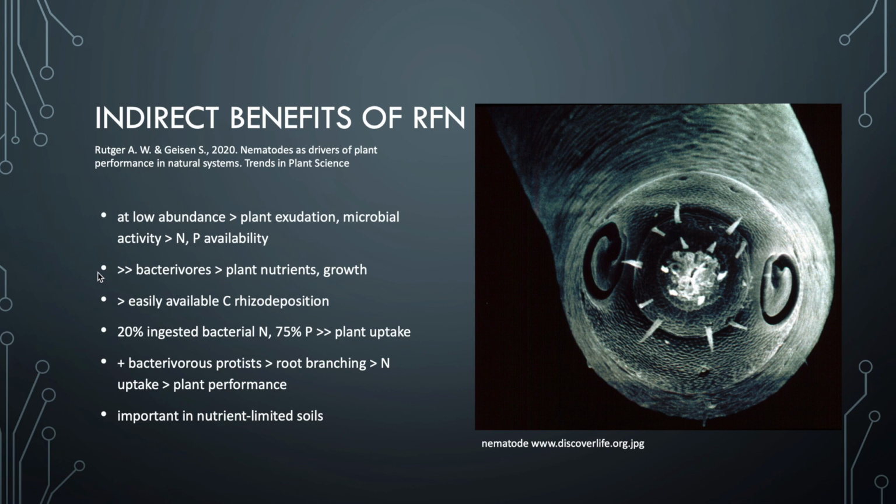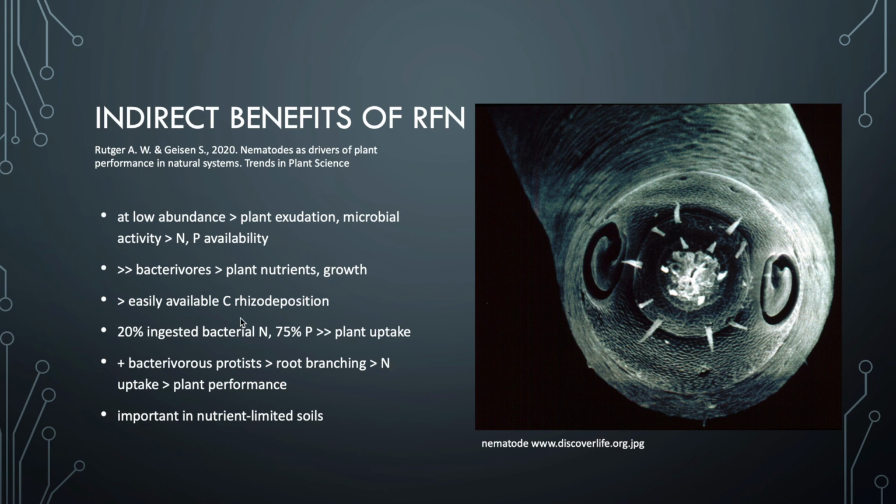This stimulates increased bacterivore population and therefore plant nutrition and growth, as well as allowing an abundance of easily available carbon rhizodeposition. And bacterial nitrogen becomes increased by 20% and phosphorus by 75% due to this increase in bacterivore numbers, and that of course increases plant nutrient uptake.